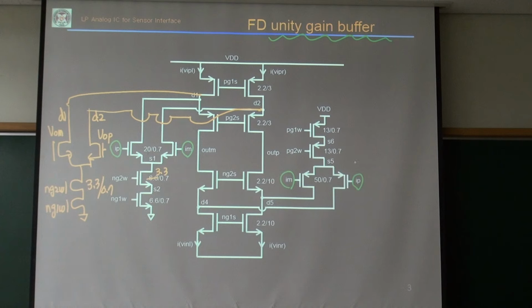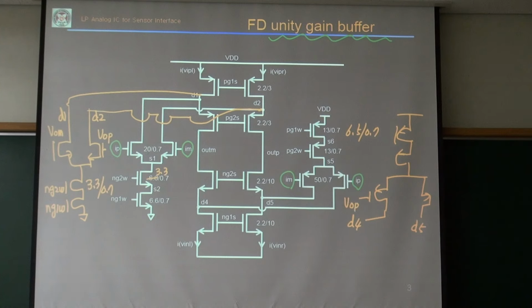We did the same thing here with the second pair, connected to D4 and D5, putting VOP and VOM in the IM place.